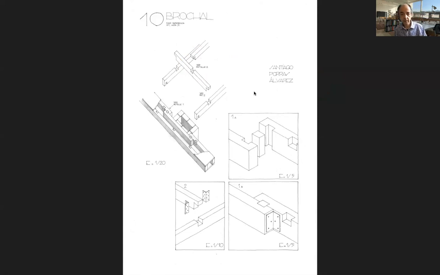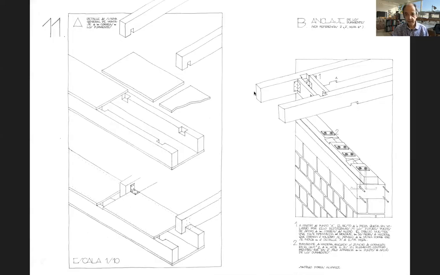Then the joints of wooden structural elements and the tricks to avoid touching the chimney, which is a bit too hot, and the wood should not be in contact. The way to use thin wood elements over very thick Adobe walls. The connection of the roof elements with the Adobe wall, with this kind of tie beam in concrete, and then a dormant in timber to have all the timber to timber connections.